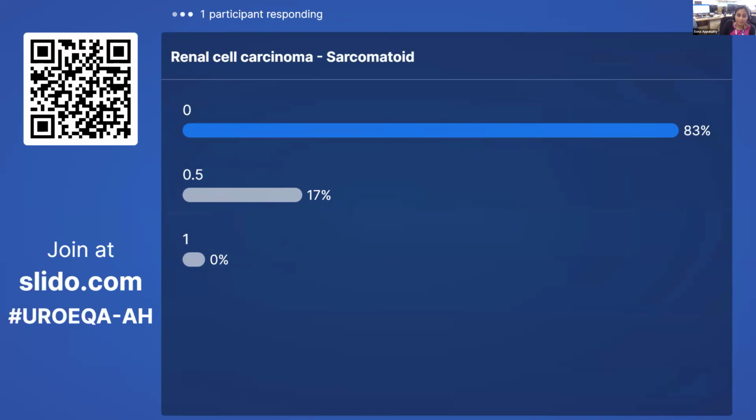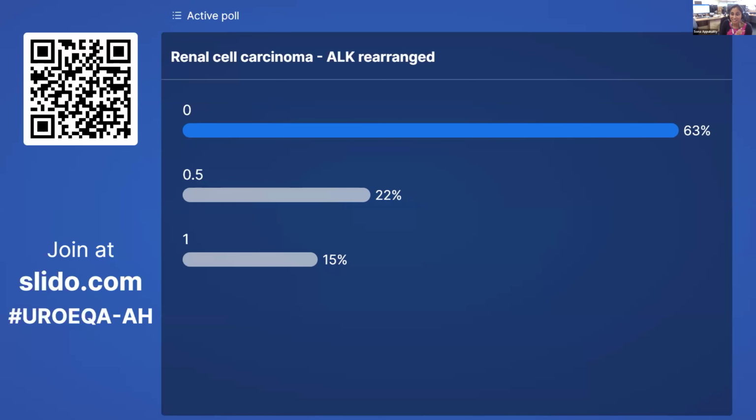Sarcomatoid, okay, 0. ALK rearranged. Is that meaningful, John? Or are they thinking it's just adult, so vinculin ALK is not mattering here? Okay.